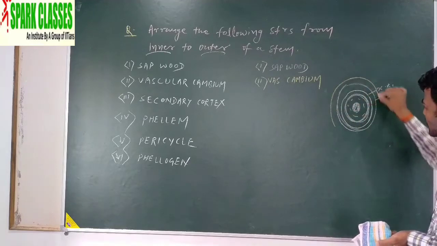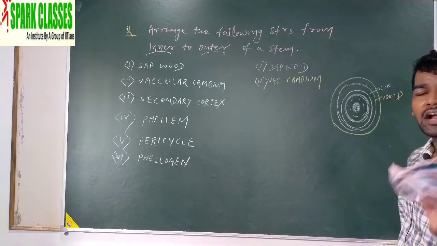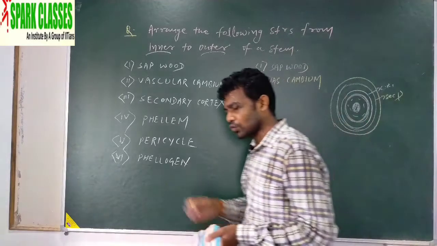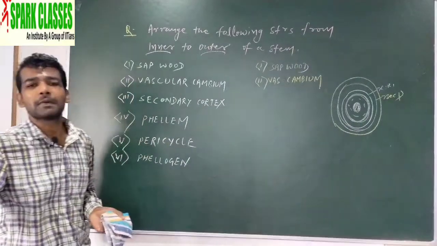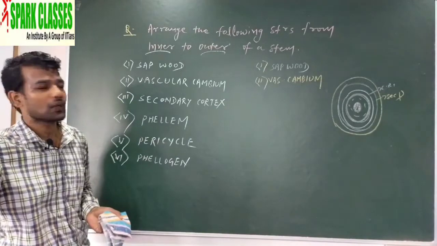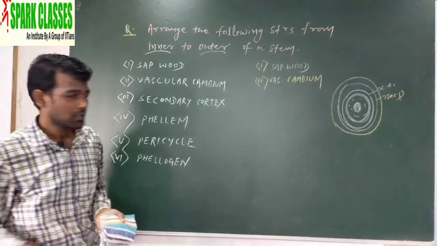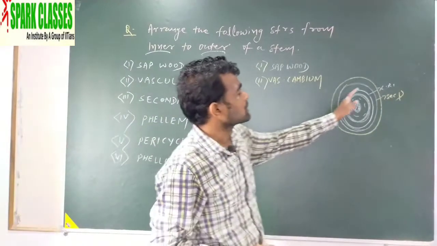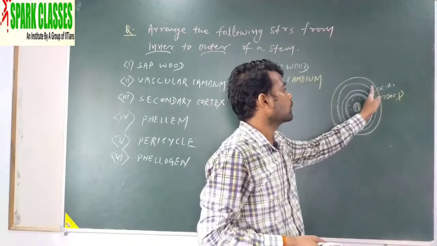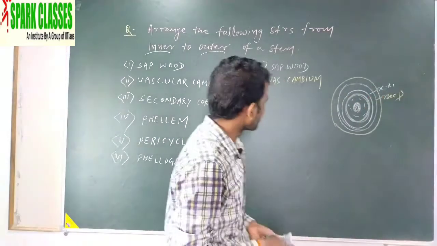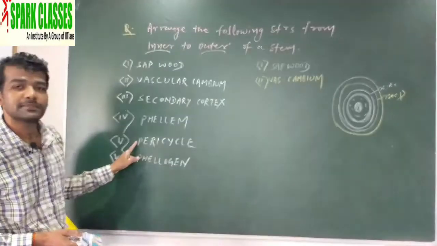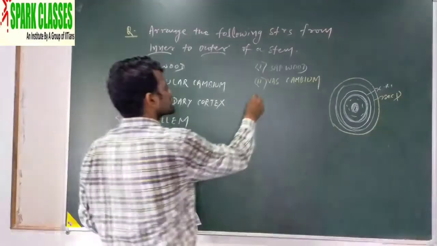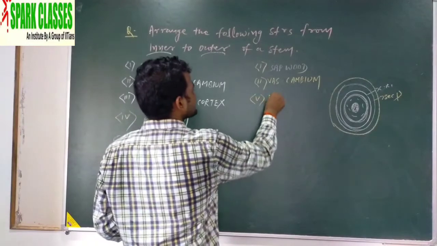After secondary phloem, which layer will come? Already I told you in the first class how to remember the layers: a high class English paper, epidermis, hypodermis, general cortex, endodermis, pericycle. So towards the outer side of secondary phloem, pericycle comes. Pericycle is present, so next is number 5.